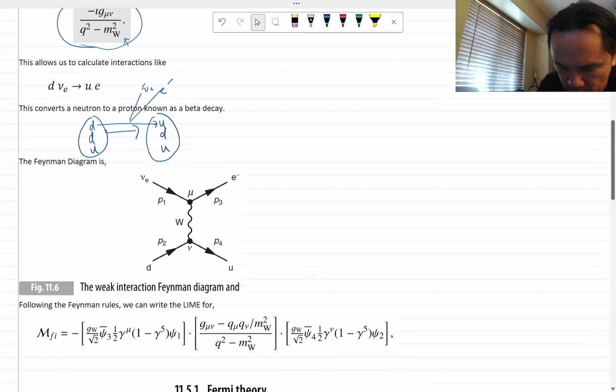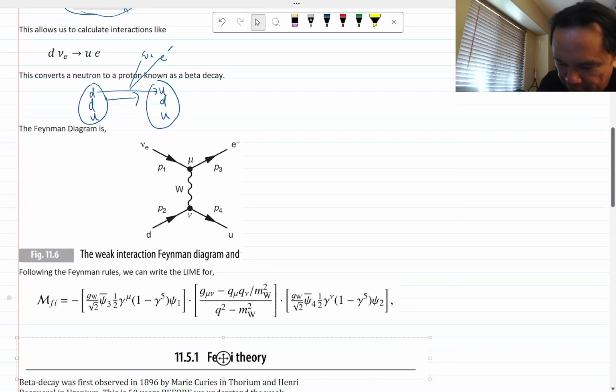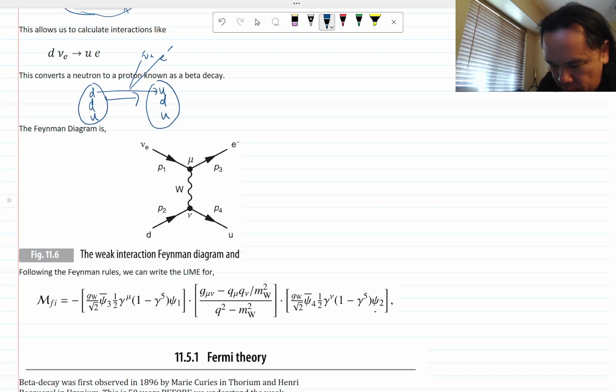Okay, so if you were to follow the full Feynman rules in order to do this, we're not going to go through everything. What happens is that you will have psi 2, which is this guy. So let's just do it once. We're not going to calculate this because it's so complicated.